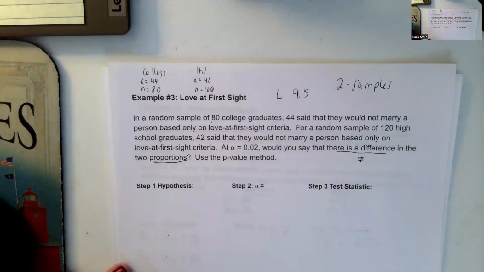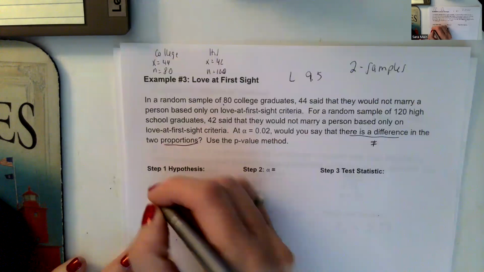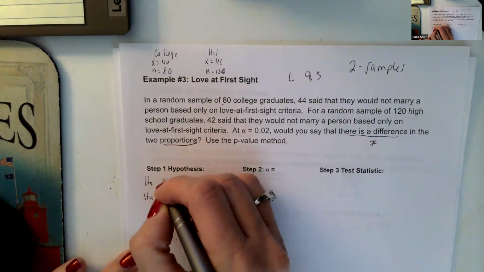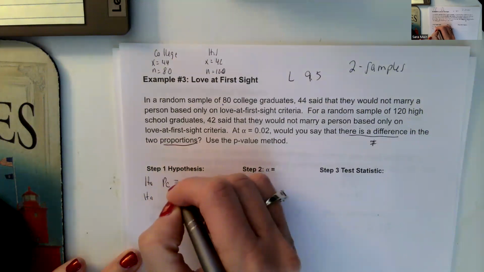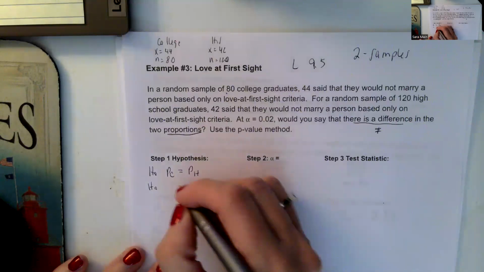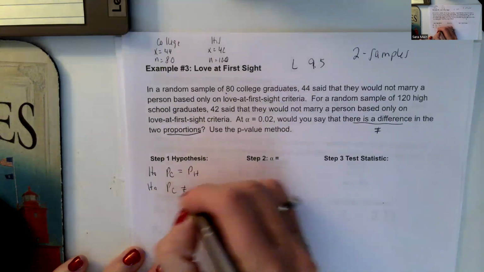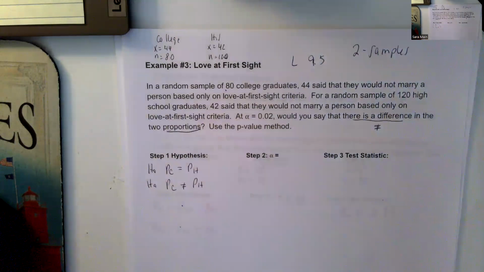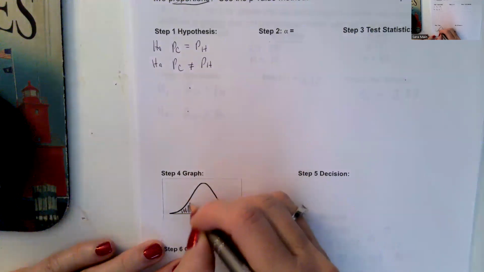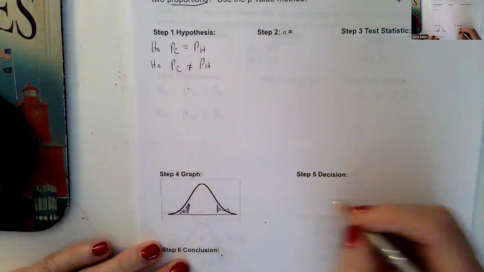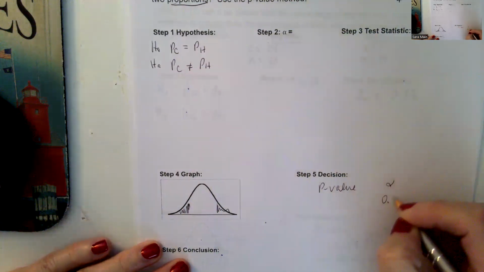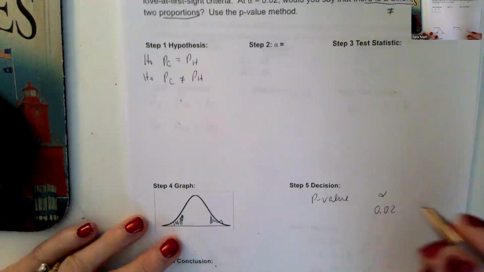And they just want to know if they're not equal. So my hypothesis is going to be, I'm going to call it P of C is equal to P of H for high school. And we're proposing that they're just not equal. And so our picture is going to be a two-tail down here. And we're comparing this to alpha 0.02 this time.